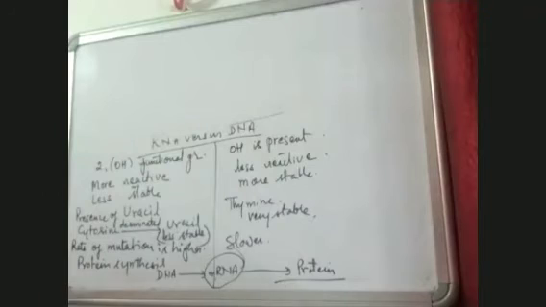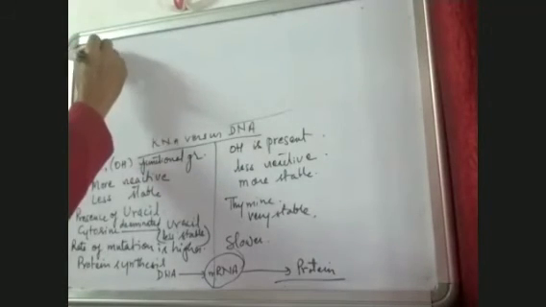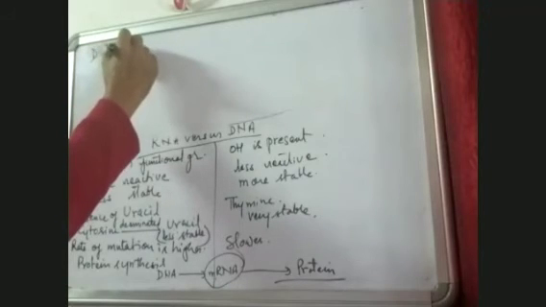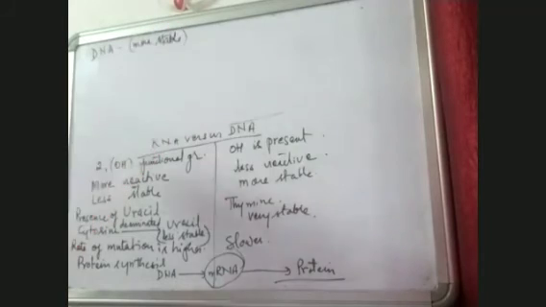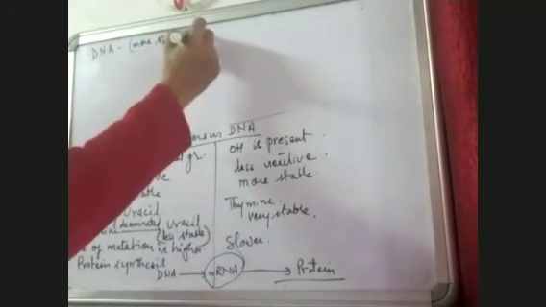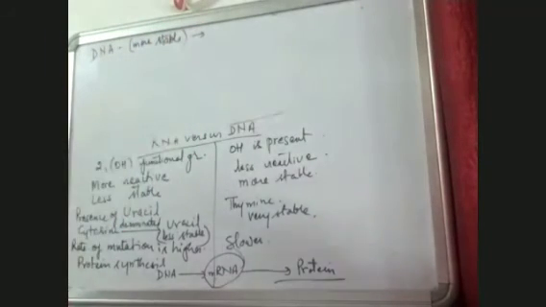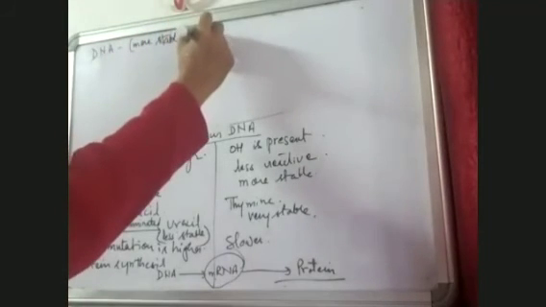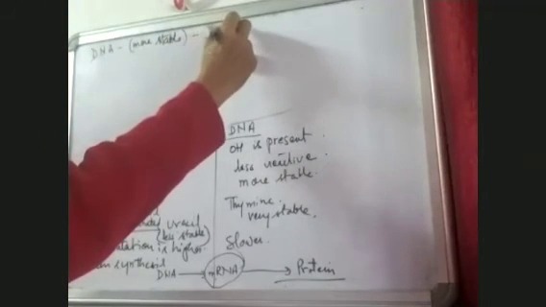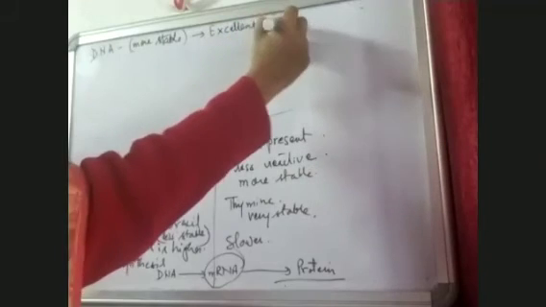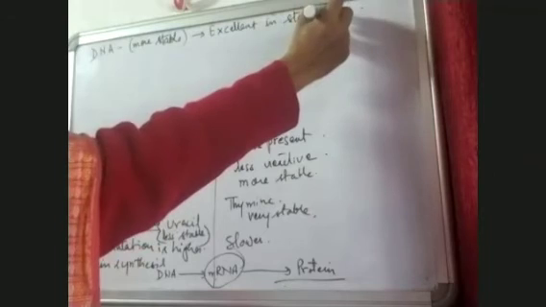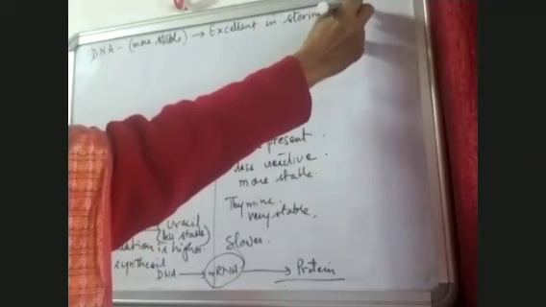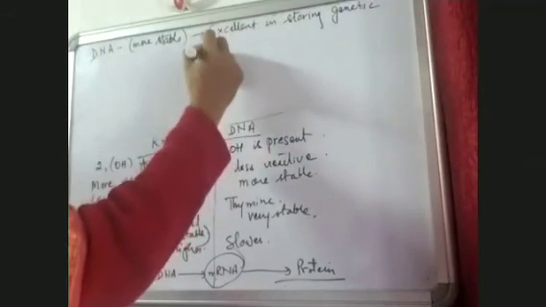So DNA is more stable. Because of the stability of DNA, it is excellent in storing genetic information.